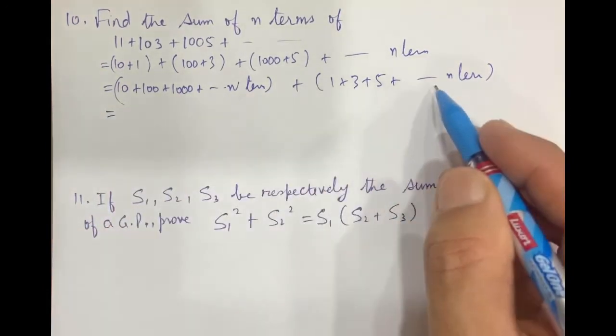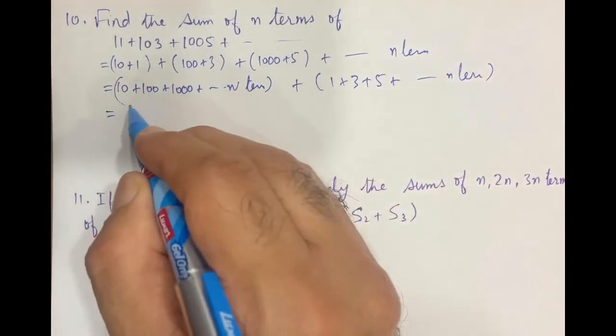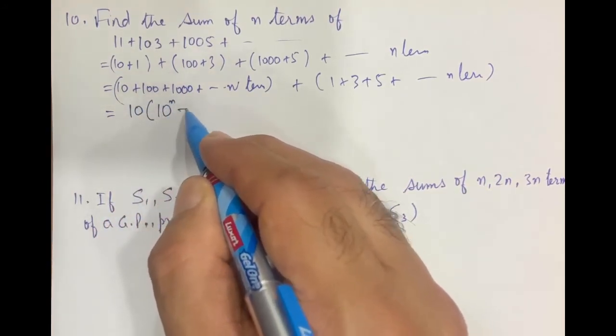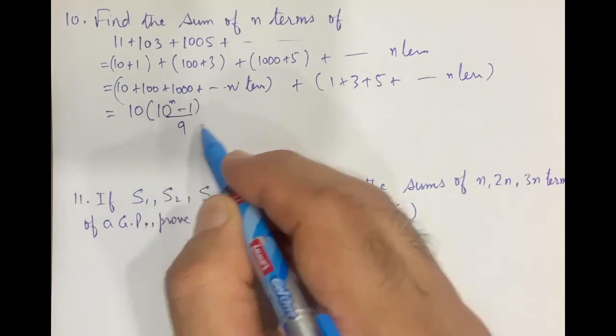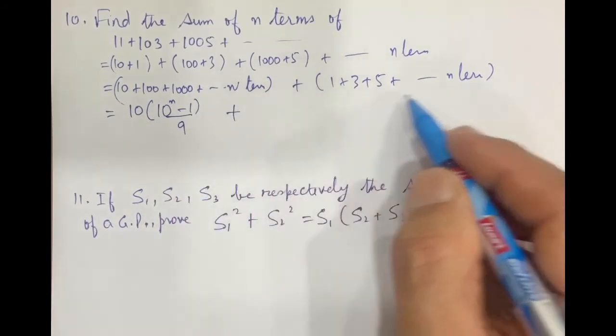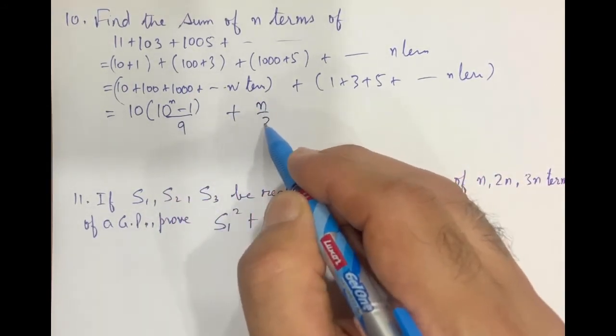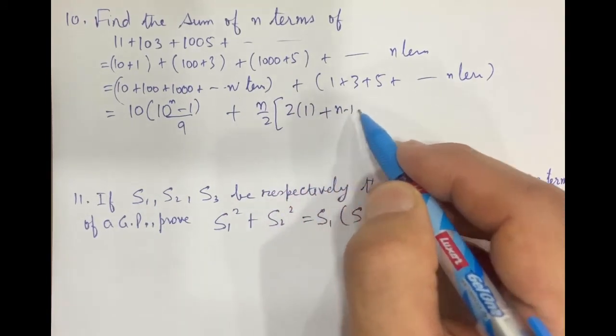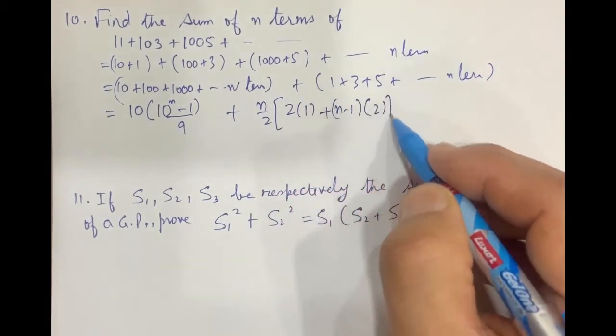This is GP, this is AP. So first term A is 10, common ratio 10, sum is 10 raised to power n minus 1 upon 10 minus 1, and sum of n terms of AP is n by 2 into 2A plus n minus 1 into common difference of 2.